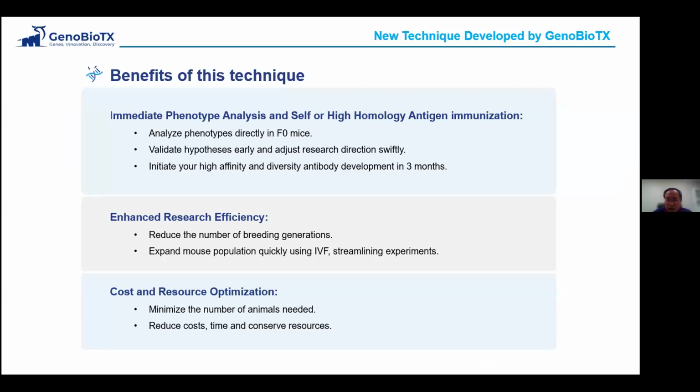For basic research, you can validate your hypothesis earlier and adjust your research direction swiftly. Also, this technology can enhance your research efficiency, reduce the number of breeding generations, expand the mouse population very quickly using IVF, and also reduce your cost, your time, and your resources.